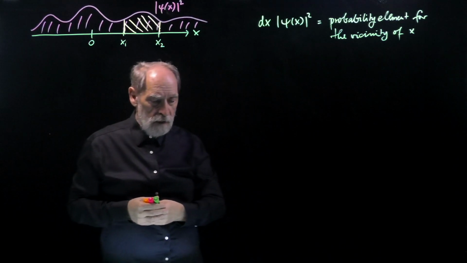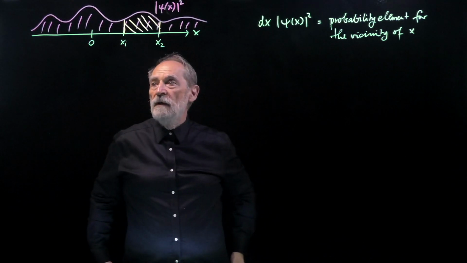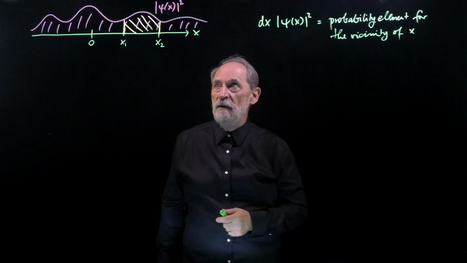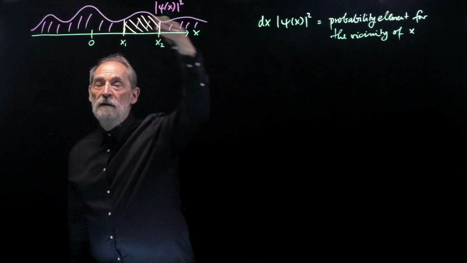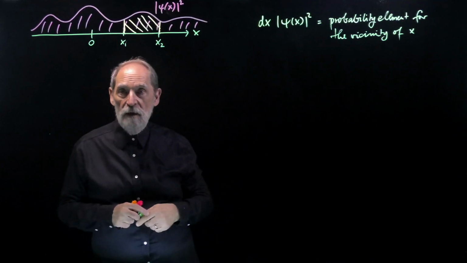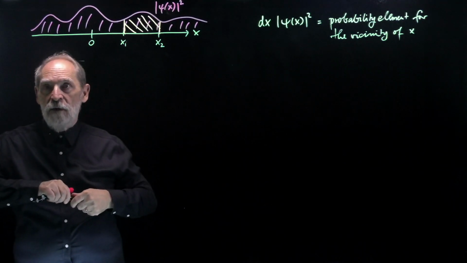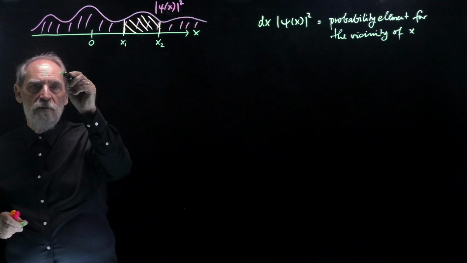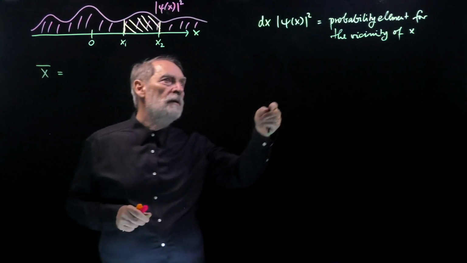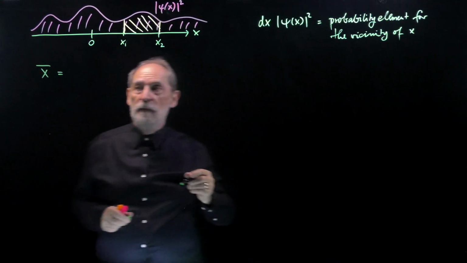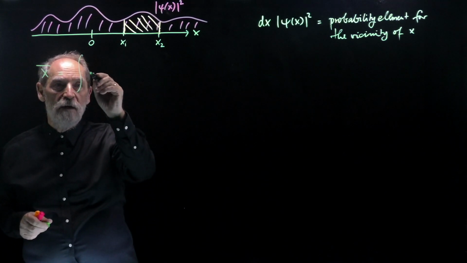So now imagine that we have measured many such particles. I have a whole list of these x values distributed in accordance with this probability distribution. Then we can ask, what's the average value of x? What's the mean value of x? So the mean value of x will be the sum of the x's weighted with this probability for each x.